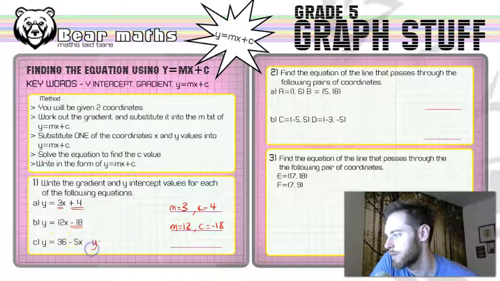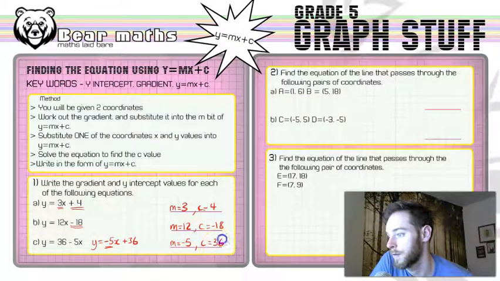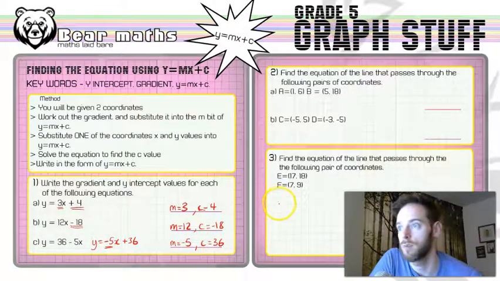If we rearrange it to y equals minus 5x plus 36, we can see that the gradient is very clearly minus 5, and the y-intercept value is very clearly 36. That's how you do those ones.